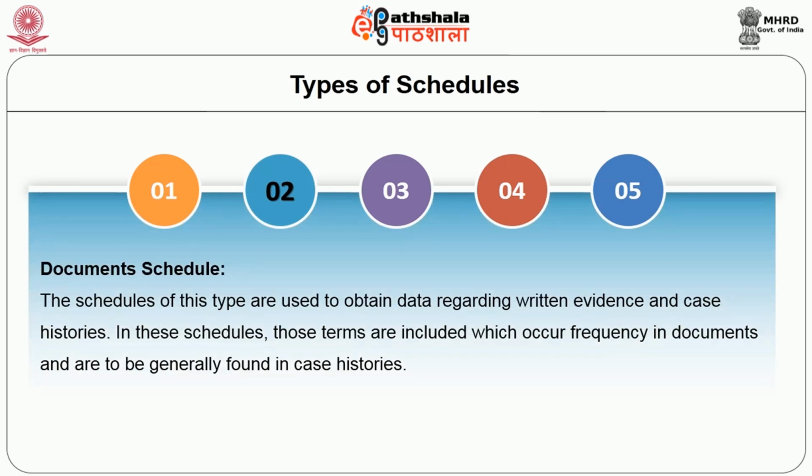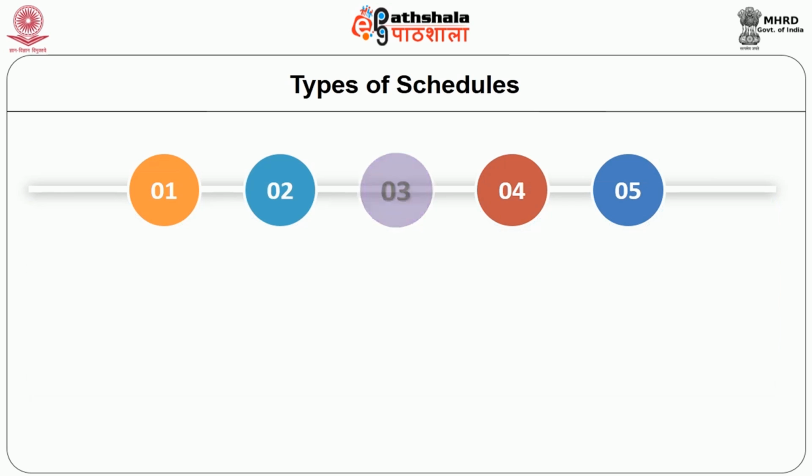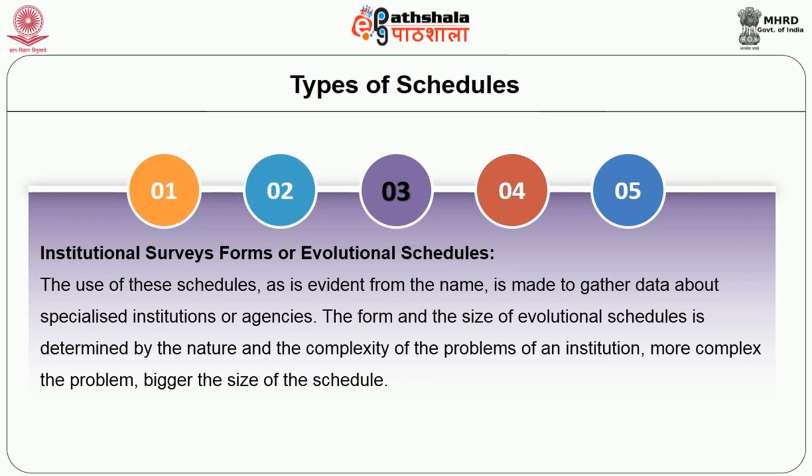Document schedule. The schedules of this type are used to obtain data regarding written evidence and case histories. In these schedules, those terms are included which occur frequently in documents and are to be generally found in case histories. Institutional surveys, institutional survey forms or evaluational schedules.